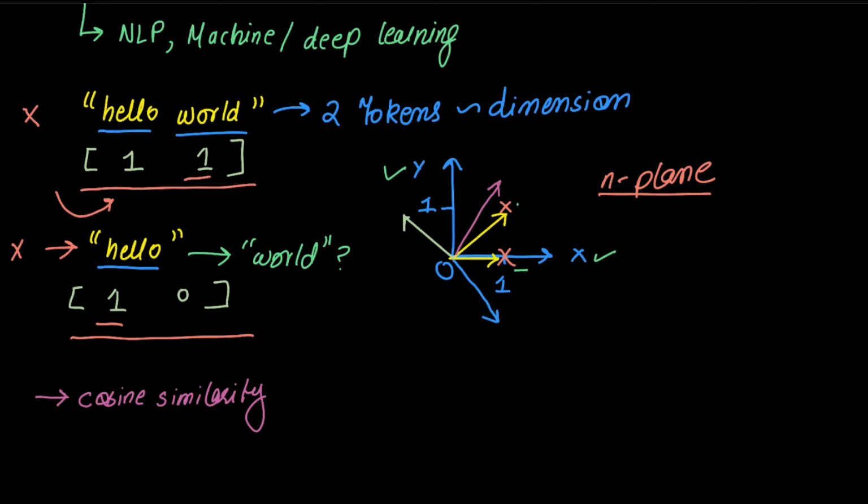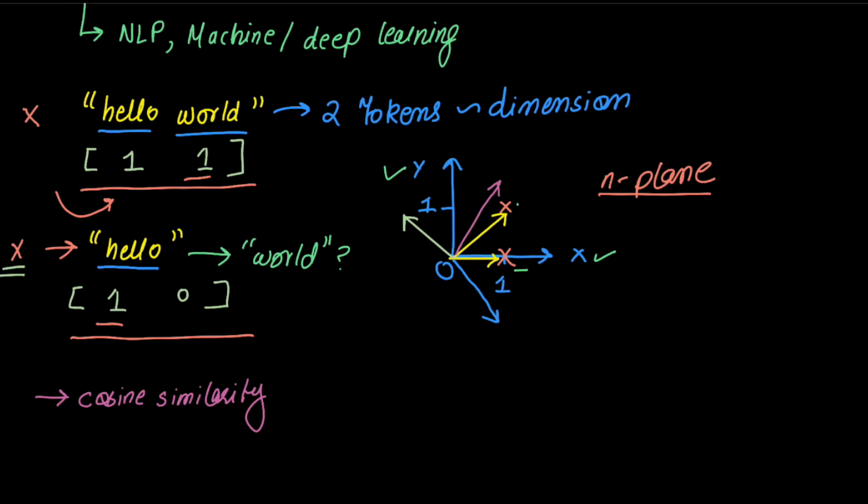Given this 2-dimensional space, how would you figure out which is the most similar vector to my x vector? By x vector, I mean this x vector, the hello, not this x vector at the top.